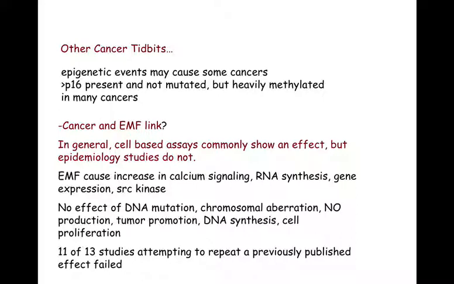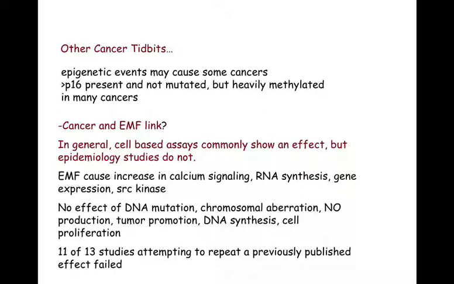Epigenetic events may cause some cancer. So epigenetic events are not a change in the gene sequence, but a change in the modification of the DNA such that the DNA is more or less likely to be accessed. So how it's wrapped up on the chromatin makes it more likely or less likely to be expressed.